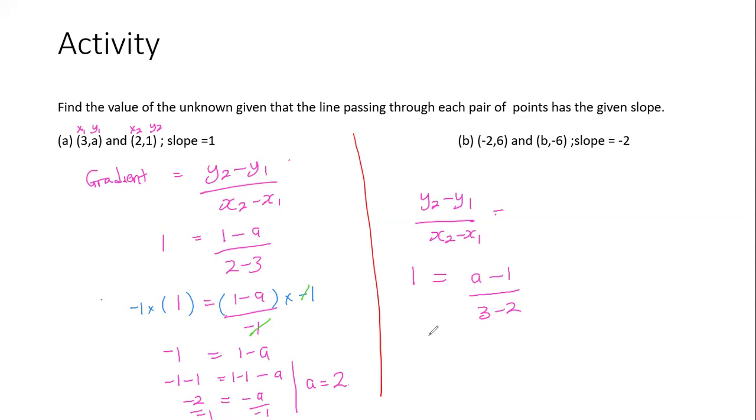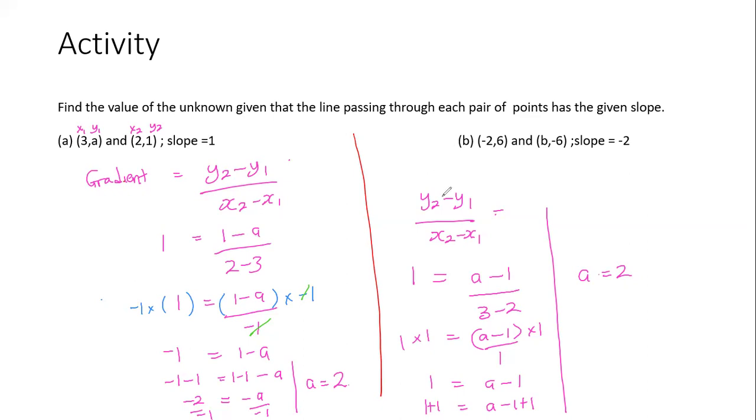So 1 is equal to a minus 1 out of 1. We multiply both sides by 1, so we get 1 is equal to a minus 1. To remove the 1 from a minus 1, we add 1 on both sides. So 2 is equal to a. Yeah, thank you.